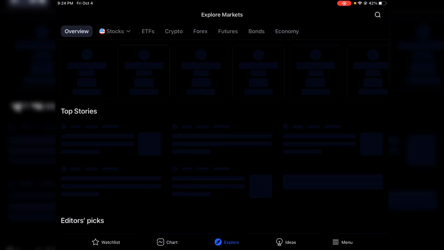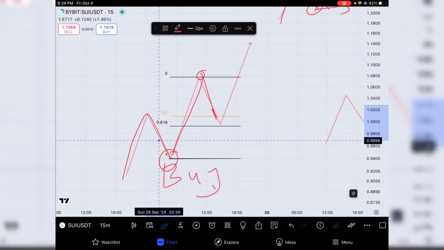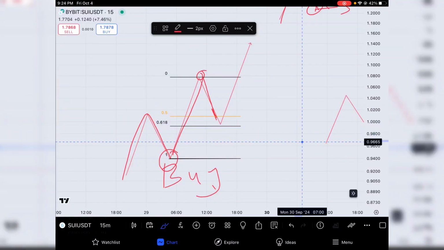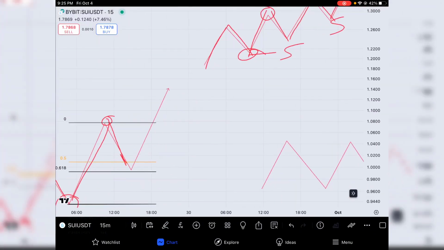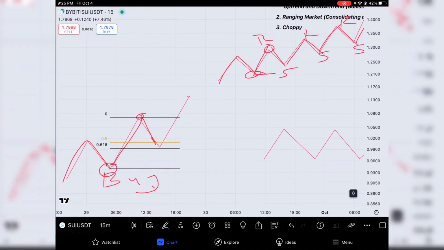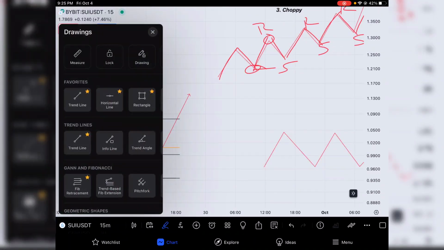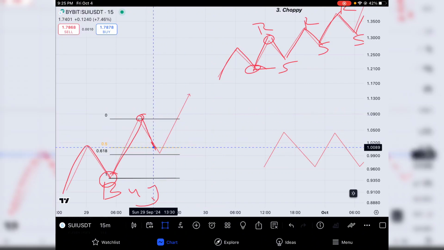What's happening? Is it my network or what? Sorry. Welcome to Nigeria. So basically, I will use the Fibonacci tool. Okay, let me try this rectangular tool.